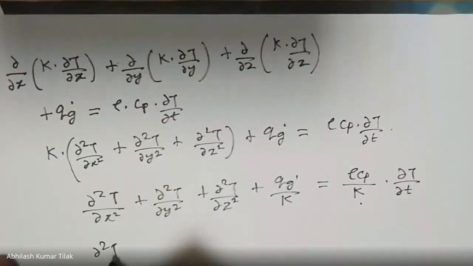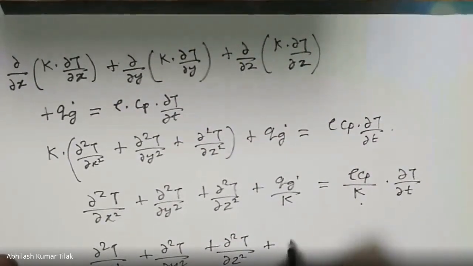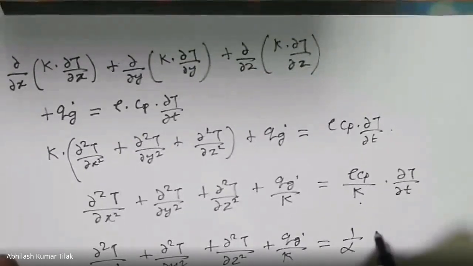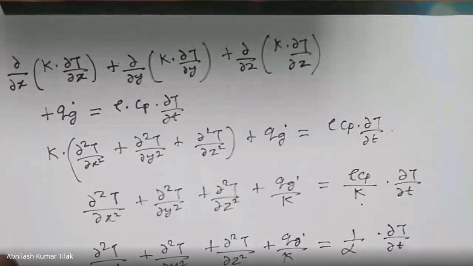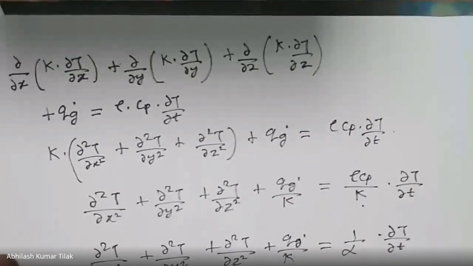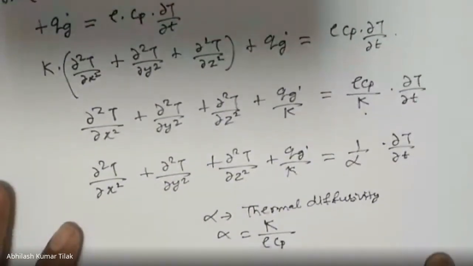So you can write this equation now as the same equation equal to 1 by alpha into dou t by dou t, where alpha is the thermal diffusivity, and it is equal to K upon rho Cp.